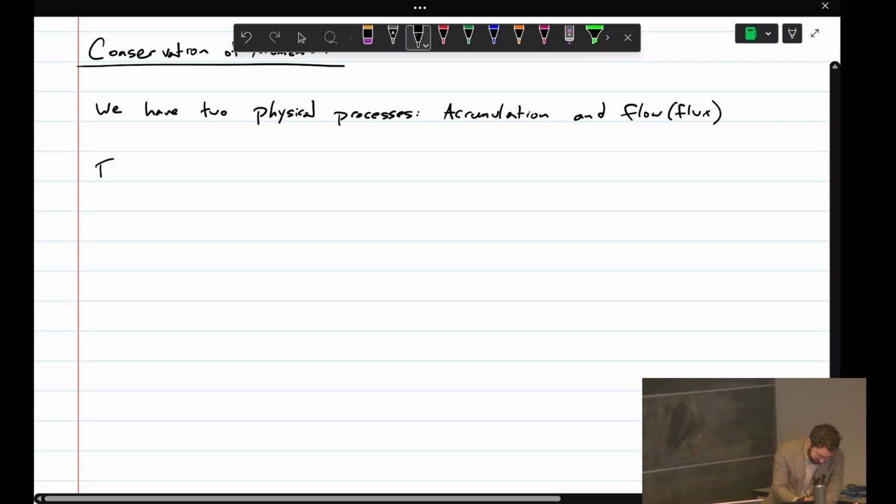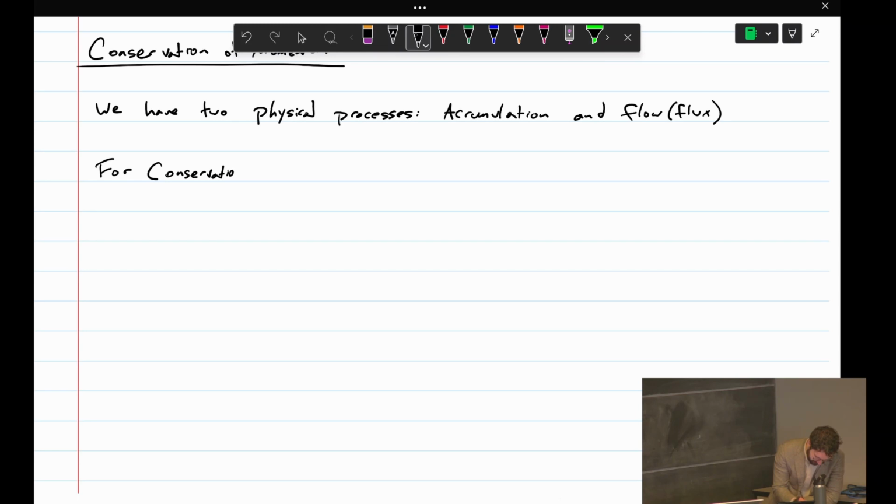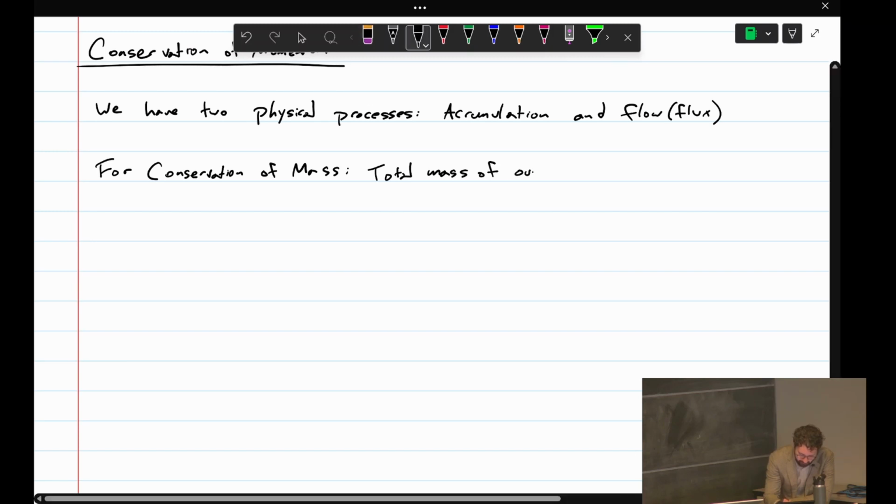So for conservation of mass, which is what we just did, we can't change the total mass of our system. So in this case, the accumulation is equal to the net flux.